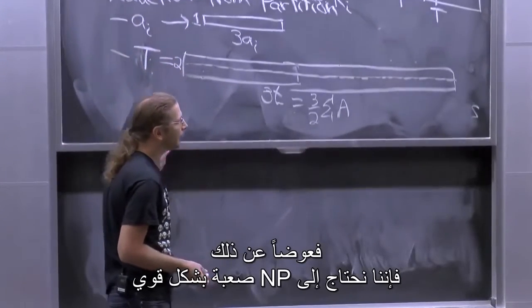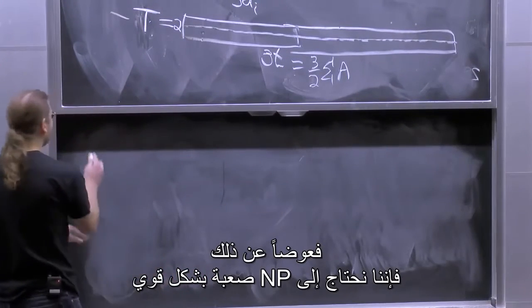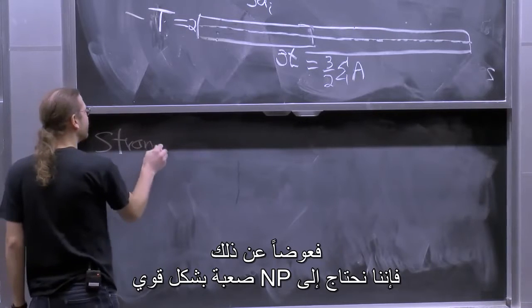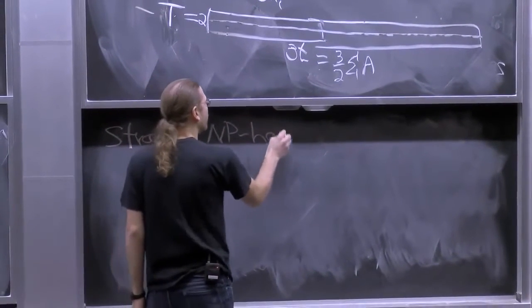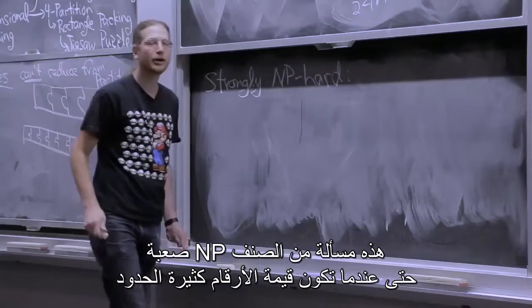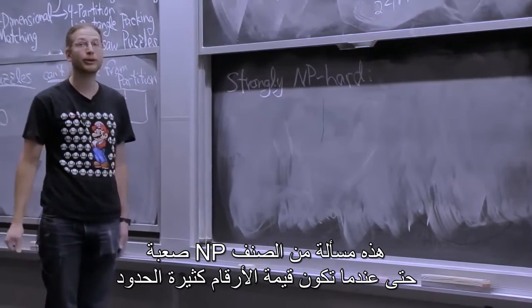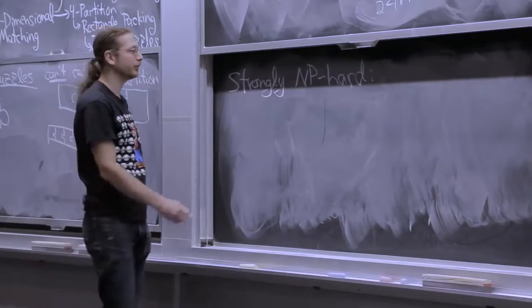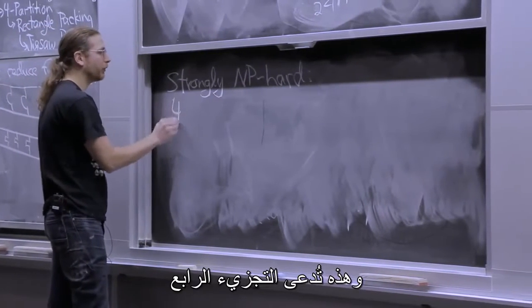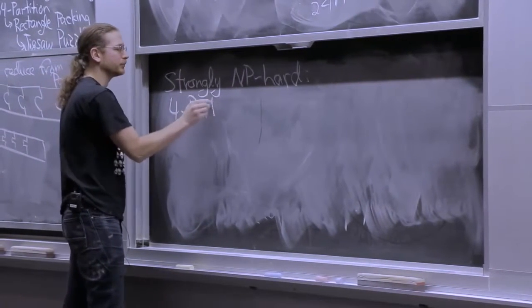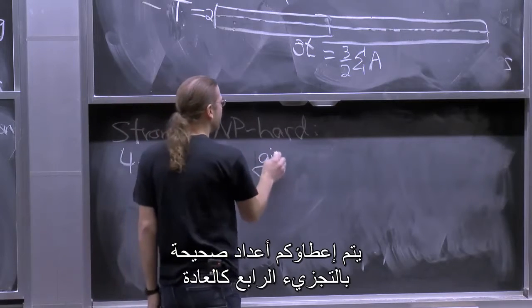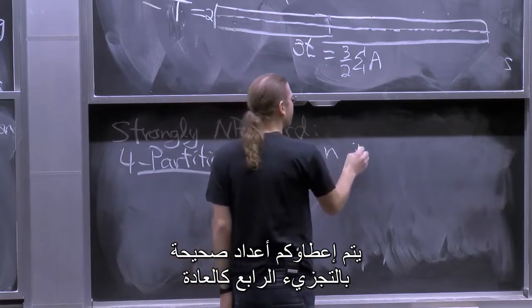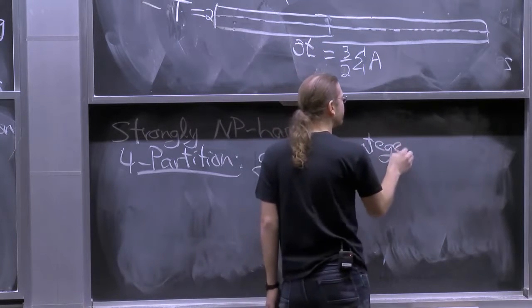So instead, we need a strong NP hard problem. This is a problem that's NP hard even when the numbers are polynomial in value, not just in size. And it's called 4 partition. 4 partition, you're given n integers, as usual.